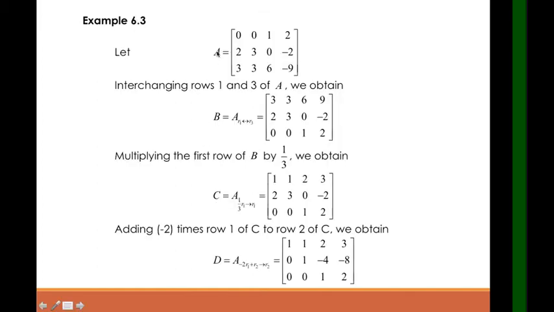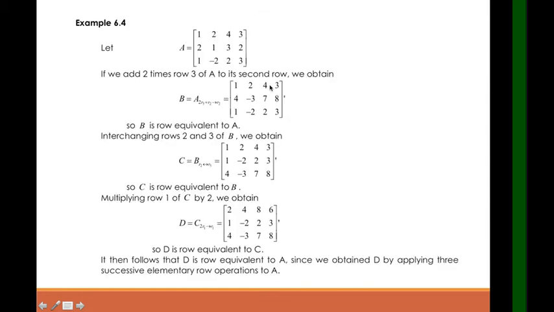Ito yung sinasabi ko kanina na equivalent. Yung A, since pinrocess natin siya, papangalanan natin siya na B. Although galing natin siya originally dito, but still, they are equivalent.